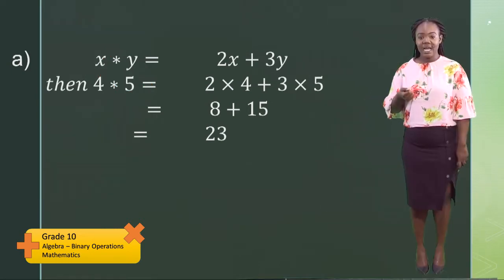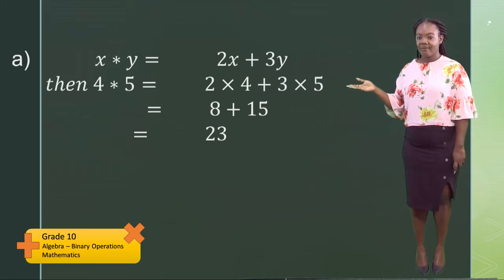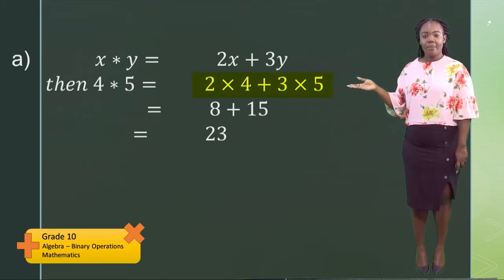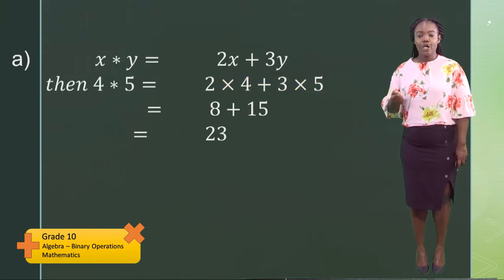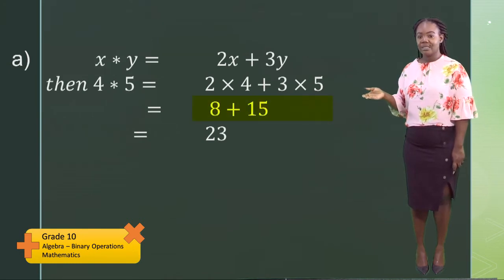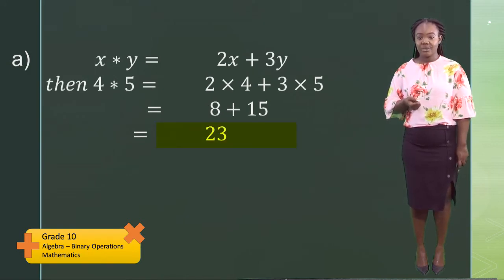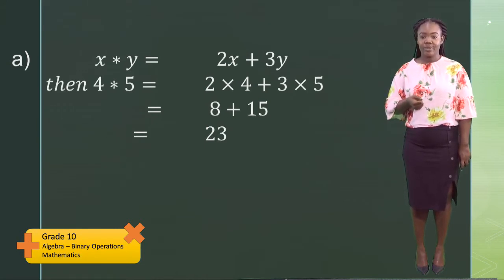Here you can see that we substituted x for 4 and y for 5, which gave us 2 multiplied by 4 plus 3 multiplied by 5. When we simplify those, we end up with 8 plus 15. And when we solve that, performing the operation of addition, we end up with 23. So using our binary operation and following our rule, we know that 4 star 5 is equal to 23.